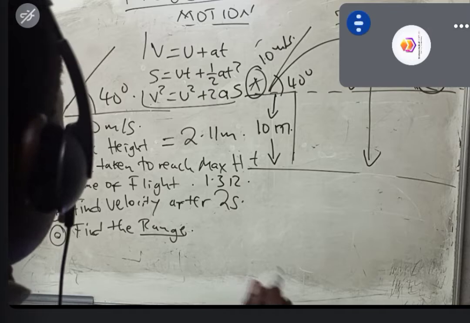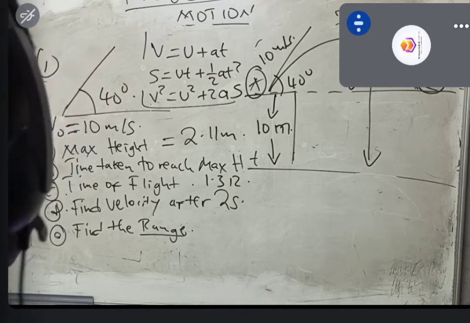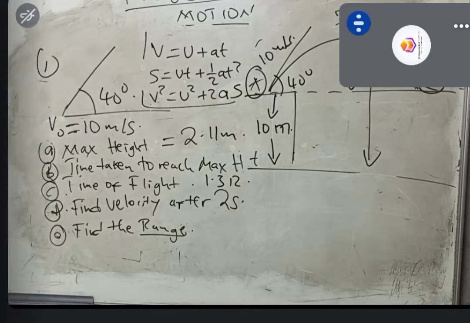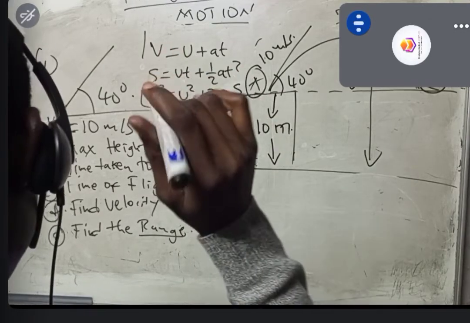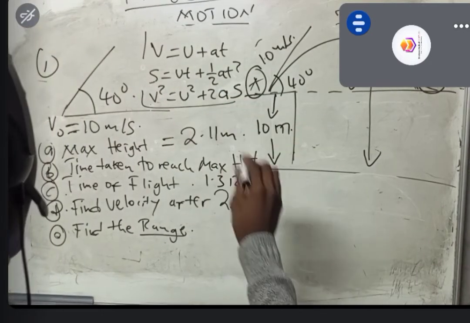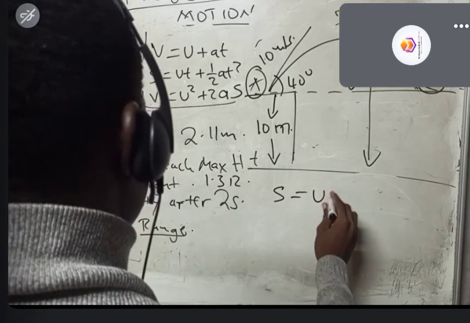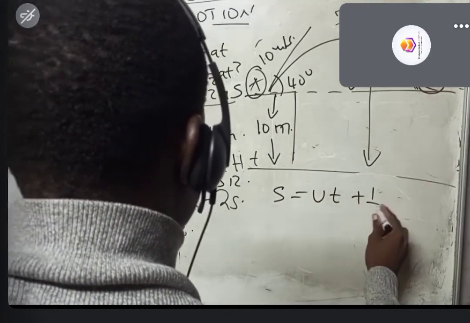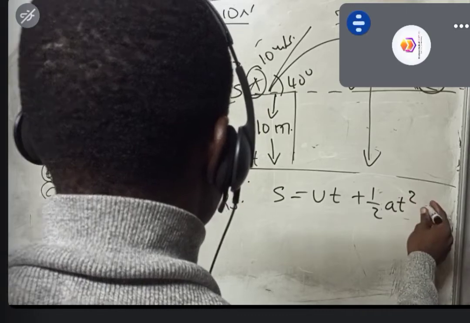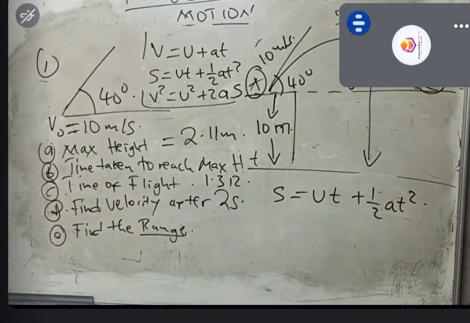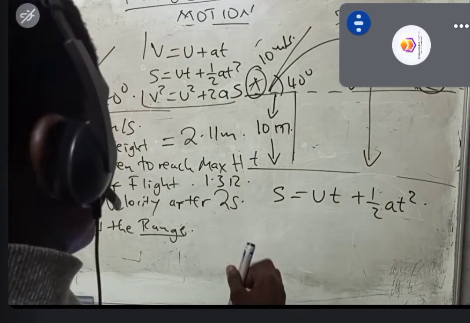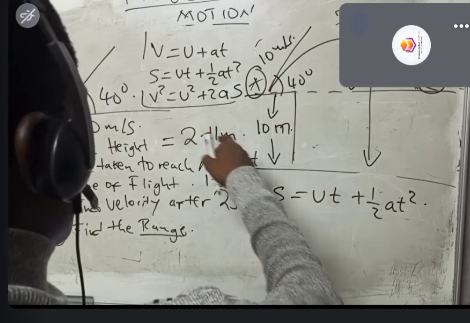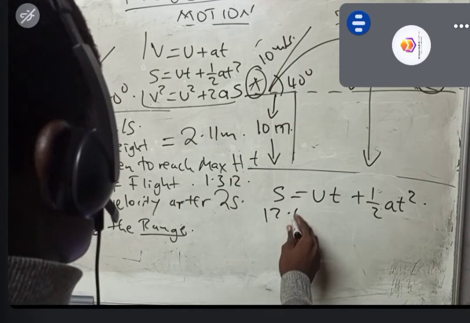So I want you to know that in such a case, if you don't want to do complicated calculations, just use the second formula, the one which requires you to use the quadratic formula. Substitute the maximum height, 10 plus 2.11, that would be 12.11.